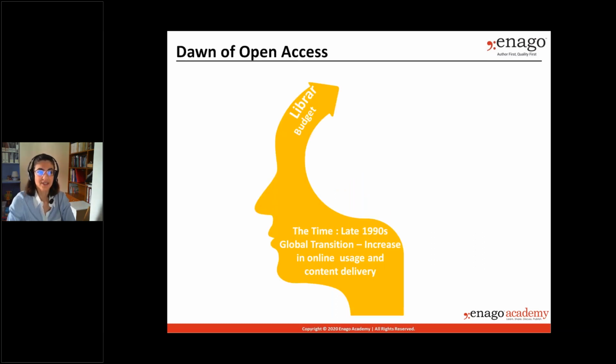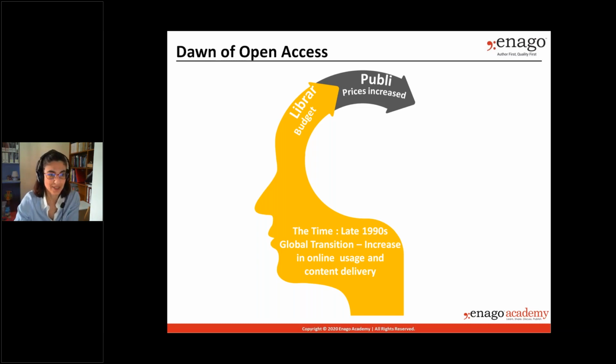So how did open access come about? It had to do with limitations in the budget of libraries, and I apologize, for some reason in the presentation the letters are not coming fully through as they should, but let me talk to you through them.